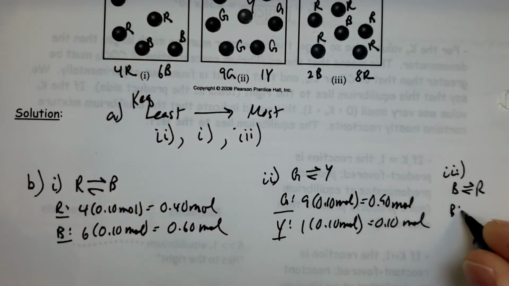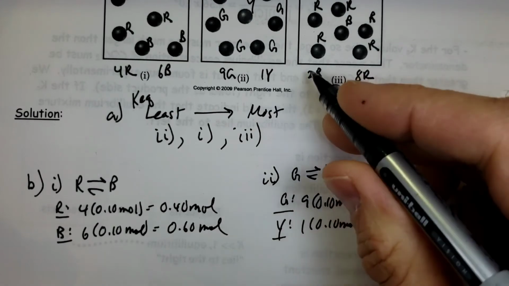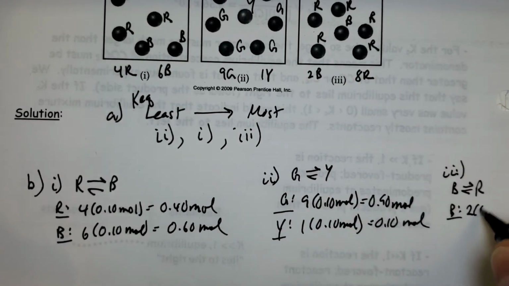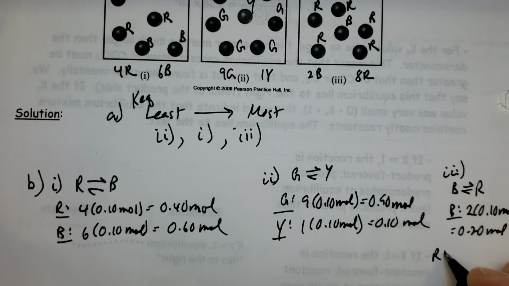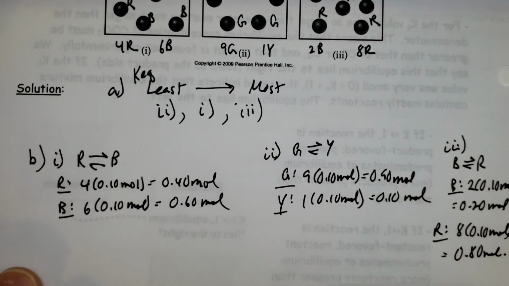If we look at blue, we have 2 spheres, each one's 0.10 moles, so it's going to be 0.20 moles. And red, we have 8 spheres, so that's going to give us 0.80 moles. All right, so we have the preamble.